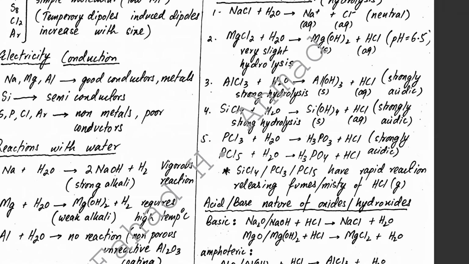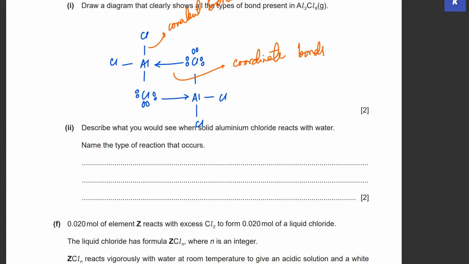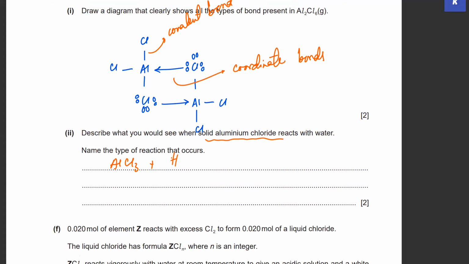That is what happens. So coming back to this, you're saying describe what you would see when aluminum chloride reacts. You don't have to write the reaction. What you're going to see is white fumes.